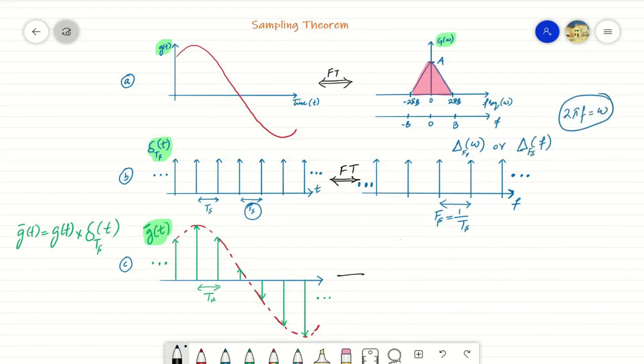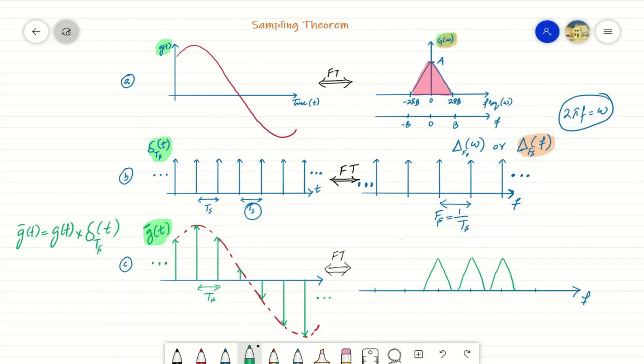So in the frequency domain we can obtain the representation of this sampled signal g bar of t by convolving the given continuous signal, g of omega, with the Fourier transform of that impulse train signal, delta of f. That is, we will receive a copy of this given continuous signal's frequency domain representation at the position of each impulse in the delta of f function.